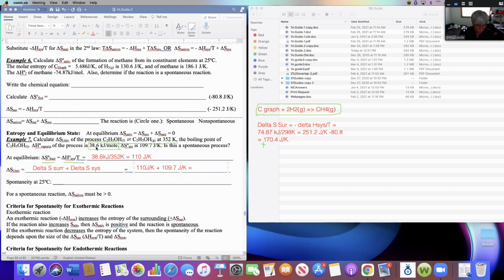So this is a positive number here, and this delta S system is given to us as positive. So I don't know if there is a typo here someplace. That's the only thing I can think of.